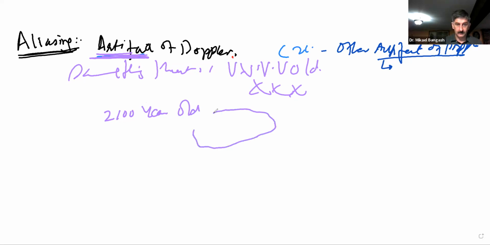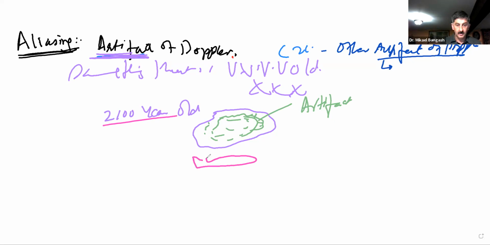What they mainly need to do is first remove a lot of things that have accumulated on top of it. And that is going to be the artifact. But you end up with this 2,100-year-old shoe.